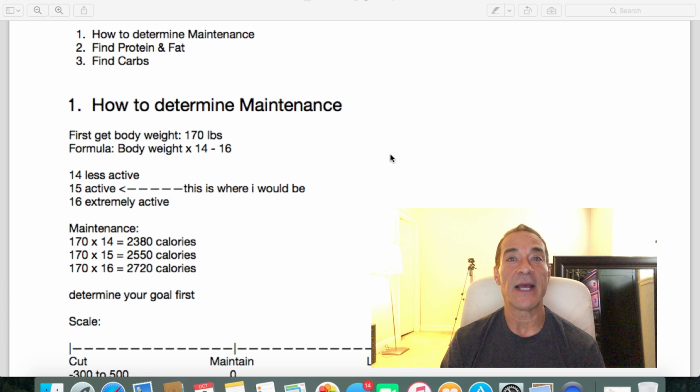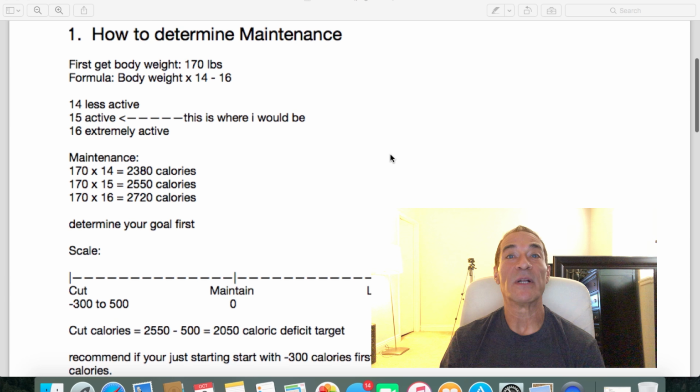Now, your maintenance calories are basically what you need in order to maintain your current body composition. That is a starting point. Next, I'm going to show you how to find your protein and fats. How much do you need? Lastly, I'm going to show you how to find your carbs.